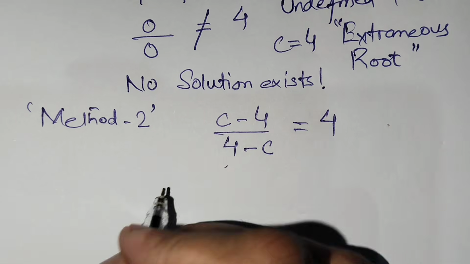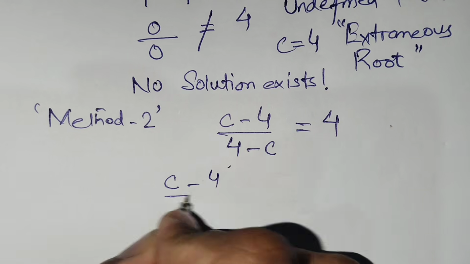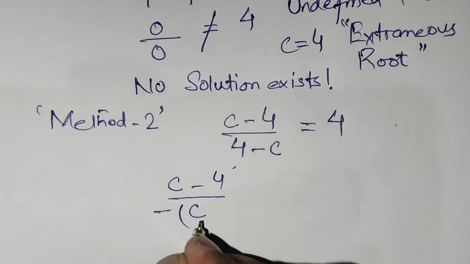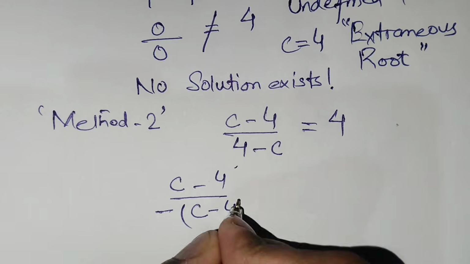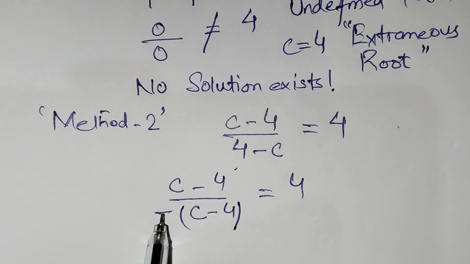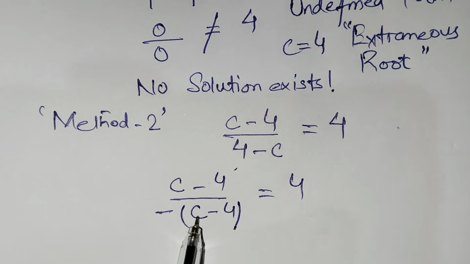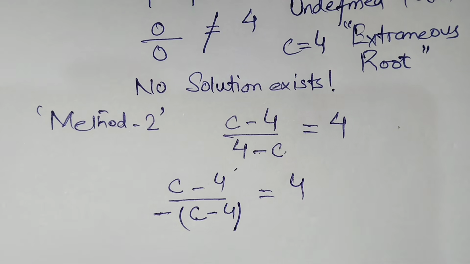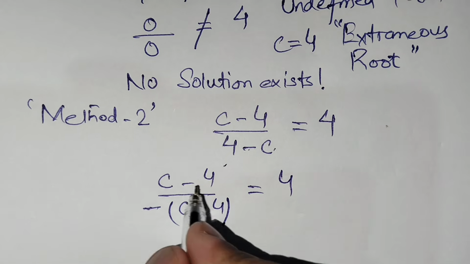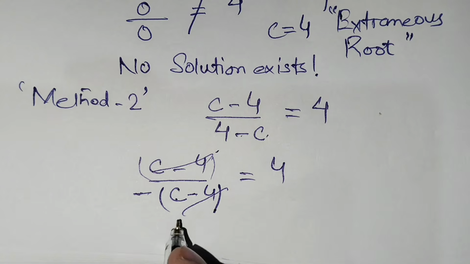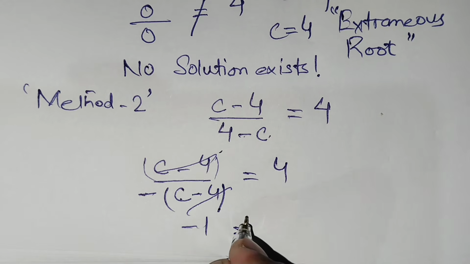We can write this as c minus 4 divided by, taking minus common, minus (c minus 4), equal to 4. If we multiply the negative sign inside the bracket, it is minus c plus 4, back to the same denominator. c minus 4 cancels, and it will be minus 1 equal to 4.